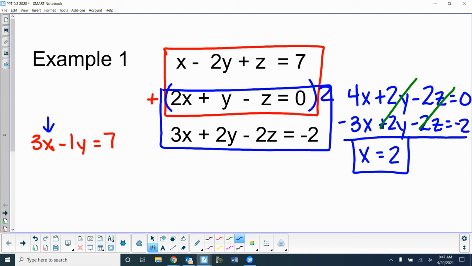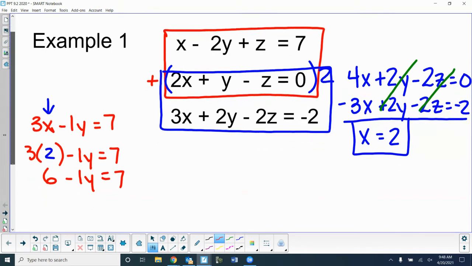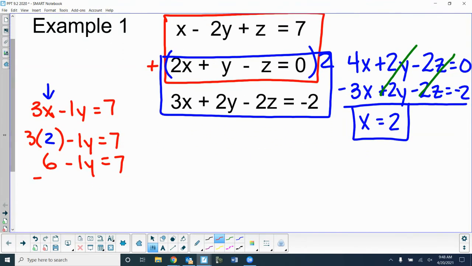Okay? So I'm going to go 3 times 2, okay, which would be 6, and solve for y on that one.